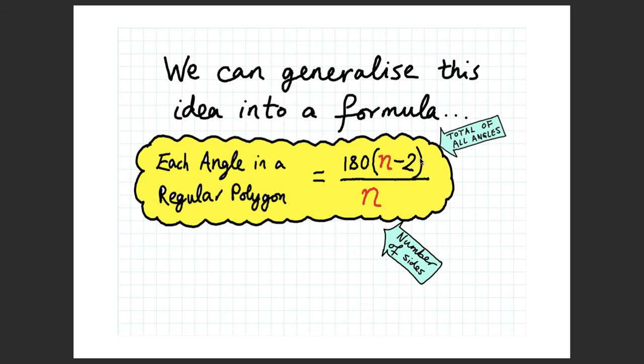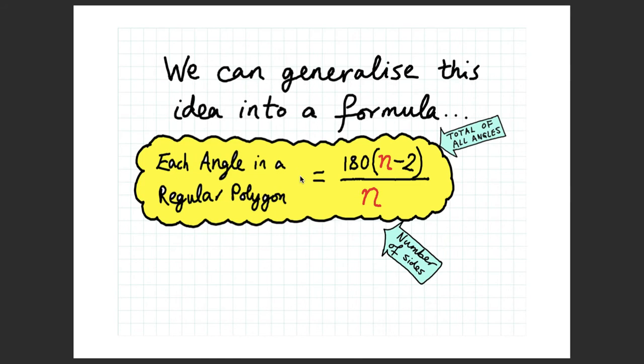So the top of this fraction here is the total of all the angles. And then if you want to know what each angle is, you need to divide by how many sides, and therefore how many angles there are. So divide by the number of sides gives you the formula for each angle in a regular polygon.